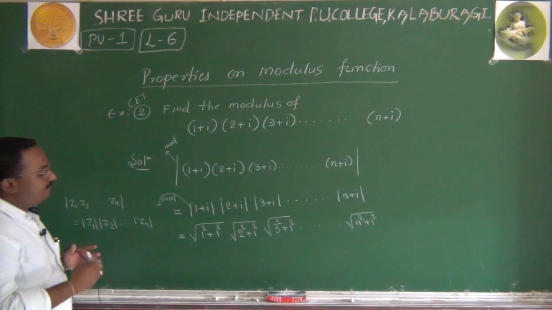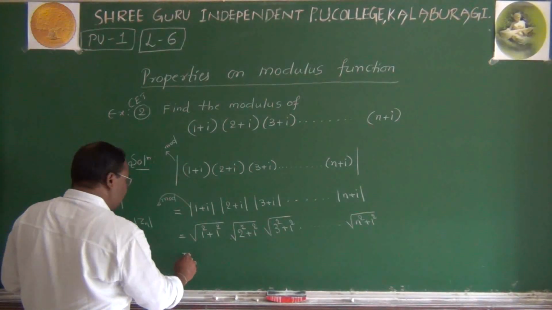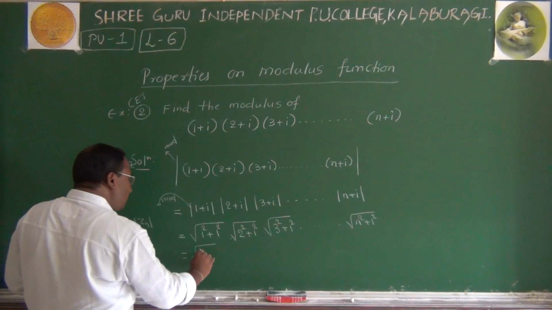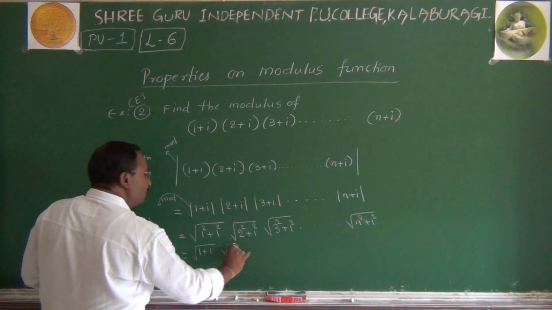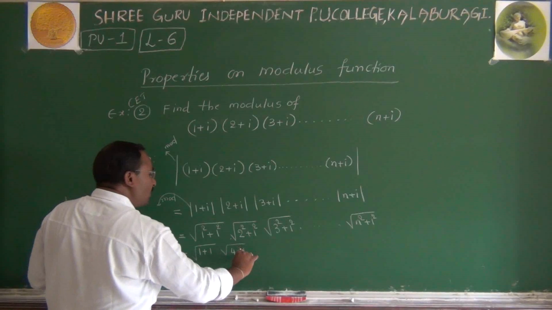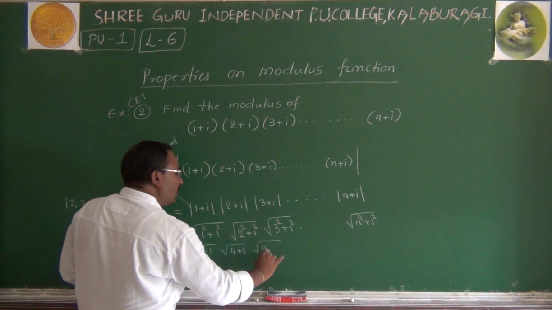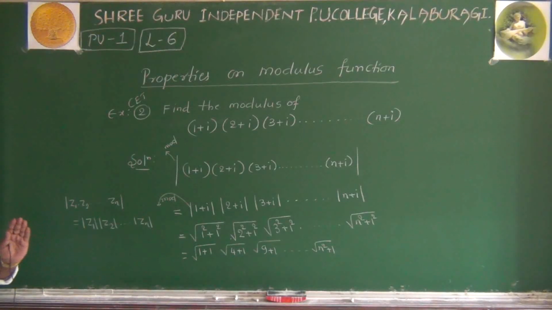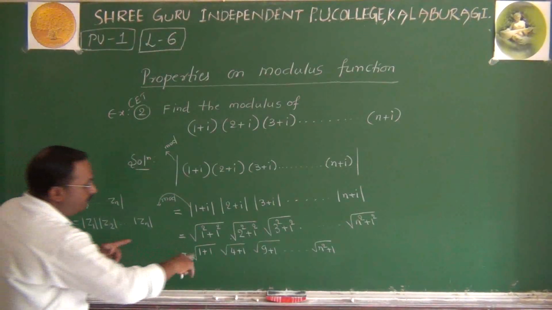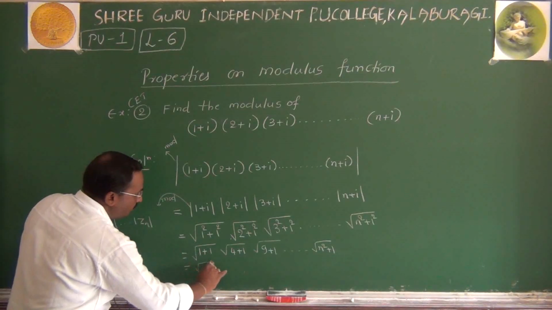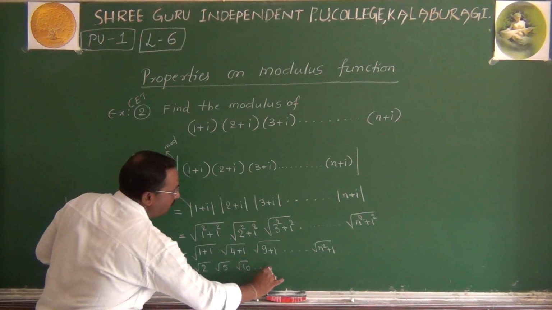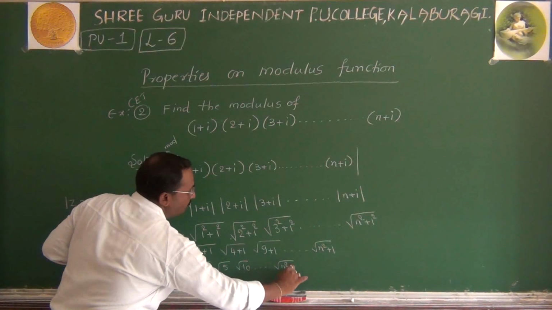That is root 2, root 5, root 10, up to root of n square plus 1.